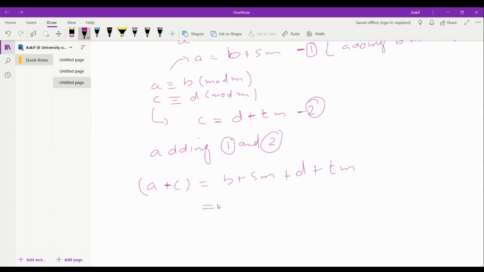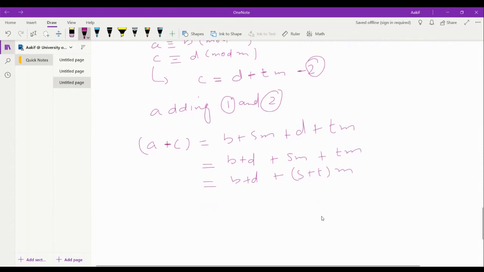We'll just sum them up together. So this can be rewritten as B plus D plus S times M plus T times M. So this will be equal to B plus D plus S plus T times M.